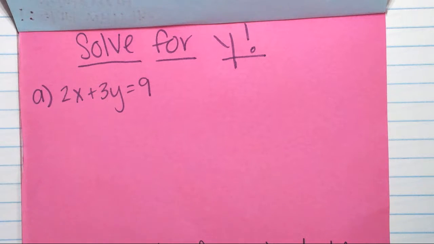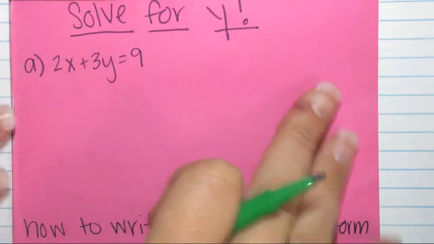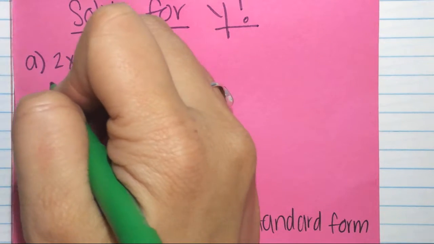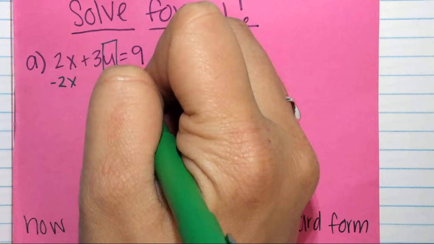Now, we're trying to write this in slope-intercept form, so that means we need to solve for y. I'm going to put a box around y. That means we need to get everything away from y. What would we need to move first? The 2x. And how would we move that 2x? Subtract 2x from both sides.